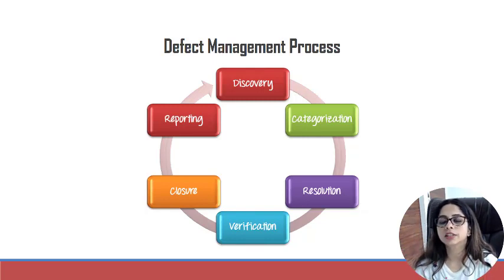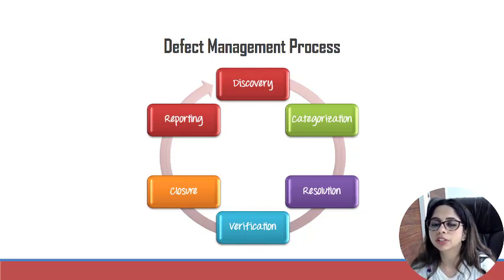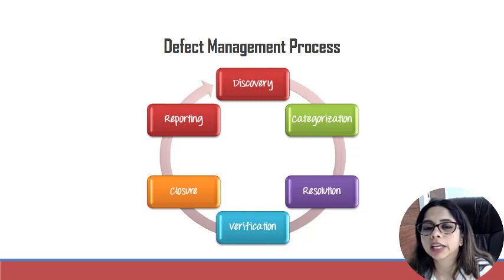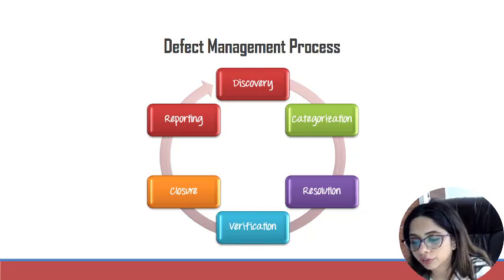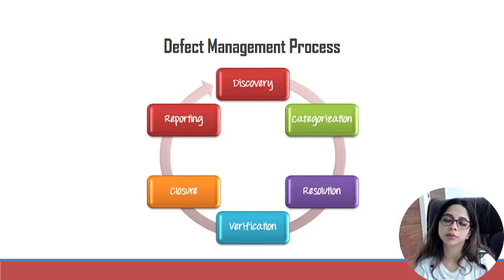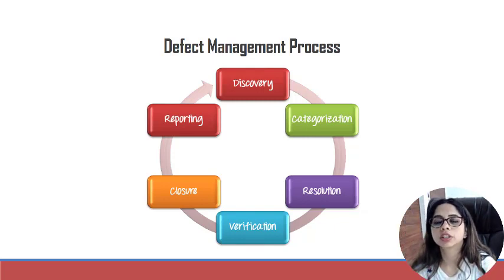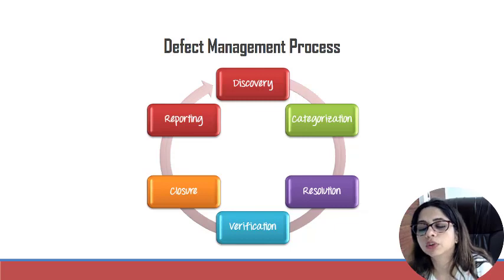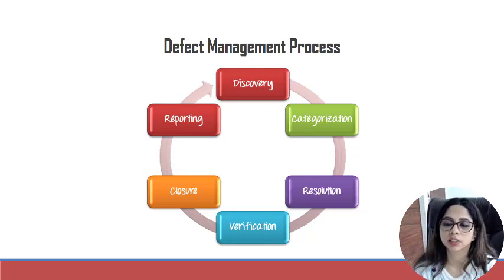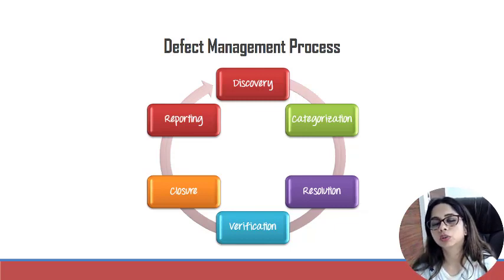So that's the defect management process, wherein you're actually finding out an issue. You're first categorizing it. When you know the category of the issue, then you go for the resolution of it, that is, you mark it to the concerned developer and the developer fixes it. After the fix, we do a verification, that is, we have to do our testing again, and if the bug is fixed, then you close it.